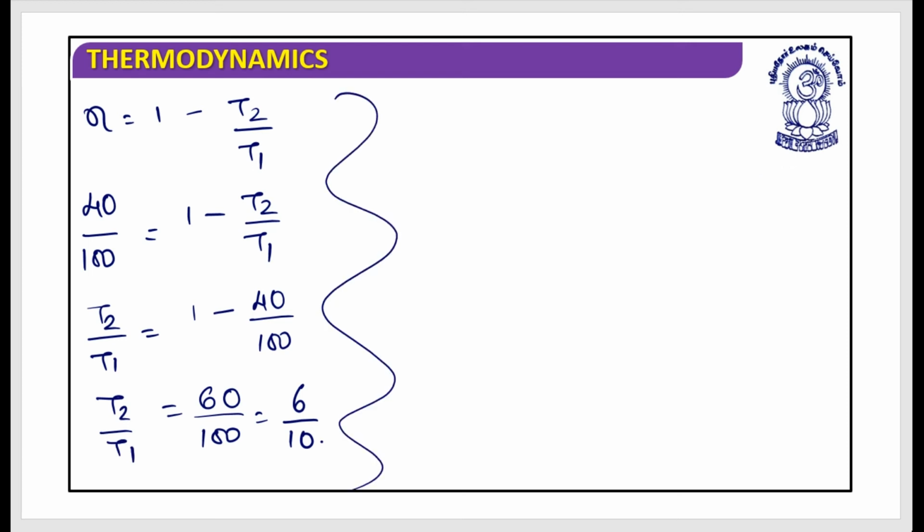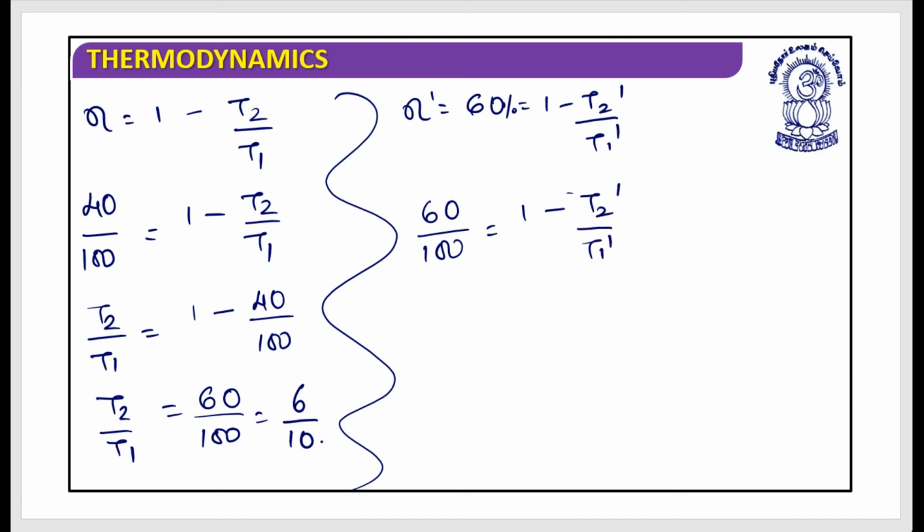Is it clear? The new efficiency would be 60%, and that would be equal to 1 minus T2 dash by T1 dash. So 60 by 100 is equal to 1 minus T2 dash divided by T1 dash, and thus T2 dash by T1 dash is equal to 1 minus 60 by 100, which is 40 by 100, or 4 by 10.